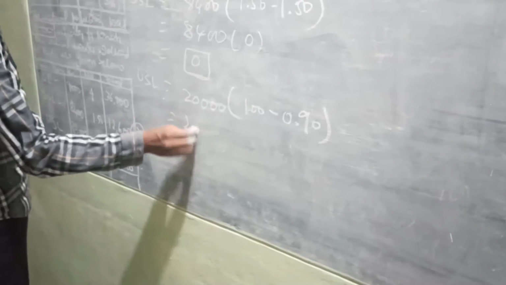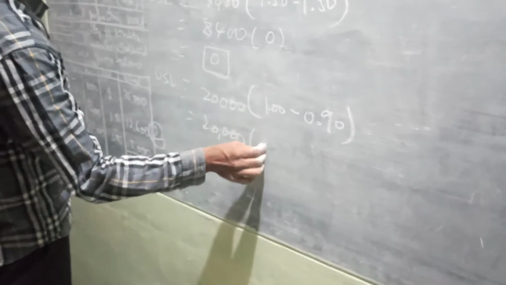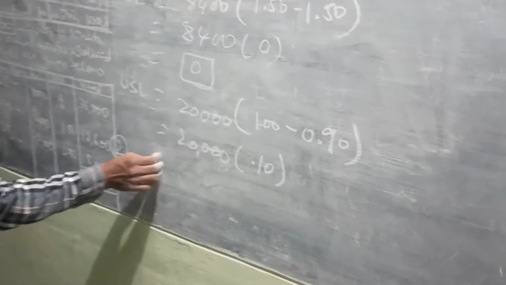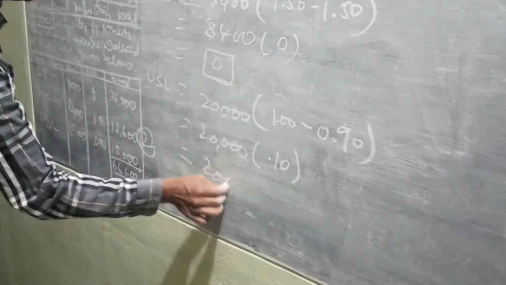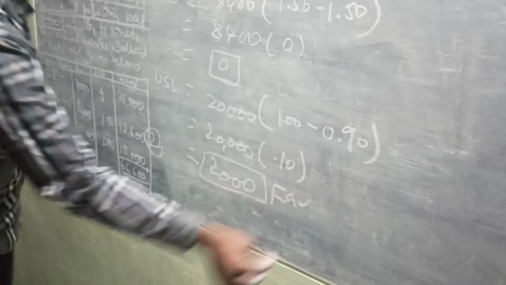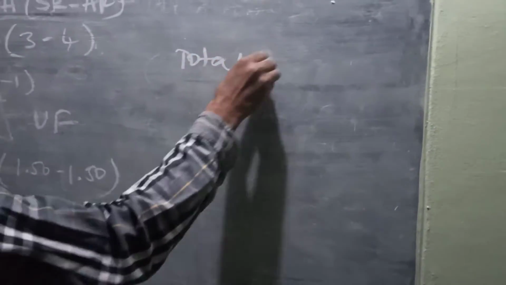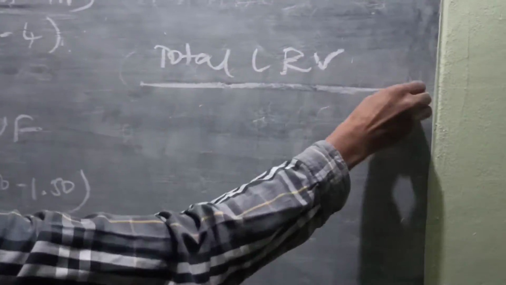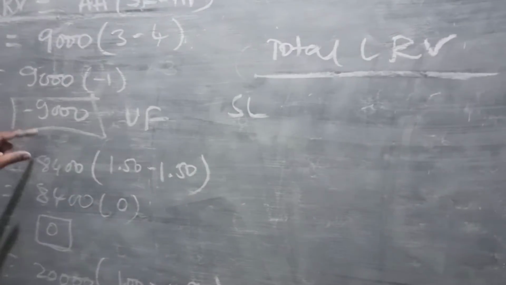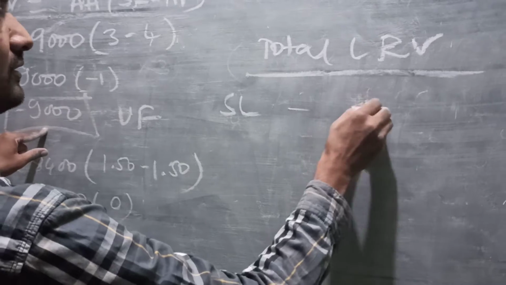Therefore 20,000 into 1 minus 0.90 is 0.10. 20,000 into 0.10 is 2,000 favorable.